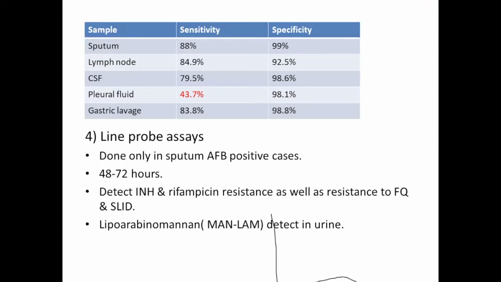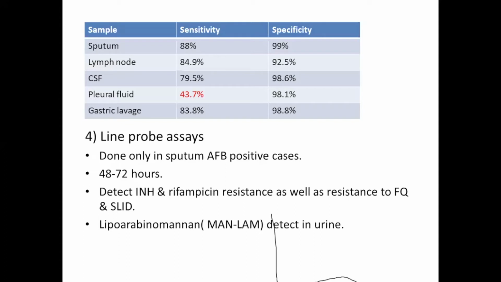For pleural fluid, 43.7%, so we cannot rely on CBNAAT for pleural fluid and we have to take a biopsy for that. Specificity again is 98.1%. For gastric lavage, sensitivity is 83.8% and specificity is 88.8%.